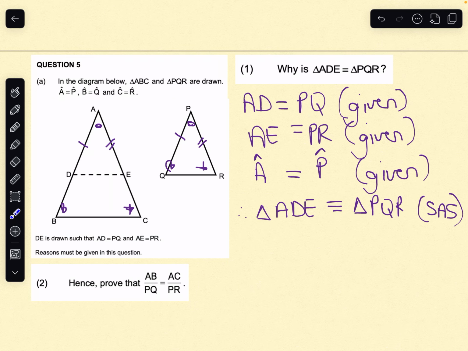Because PQ is the same as AD and PR is the same as AE. And so for me, that is going in the direction of proving that this triangle is similar to this triangle.